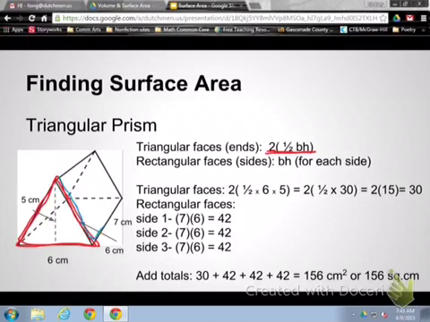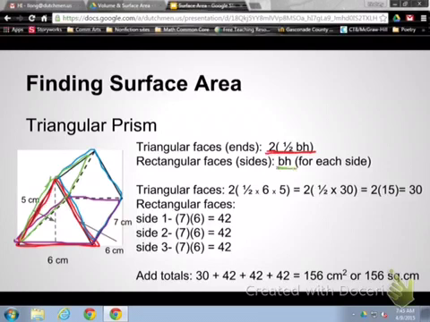You would have this one, then the one on the bottom, which is here, and then the one on the other side, which is here. I have to do each one of those separately because they might have different lengths and heights. The way you find them is you take base times height for each side.